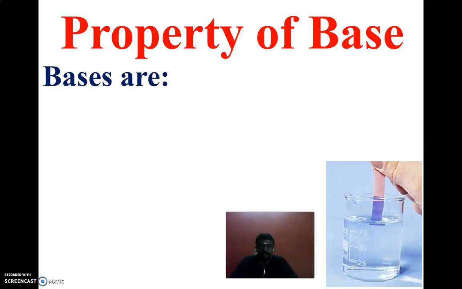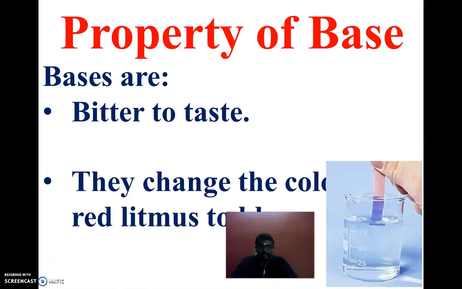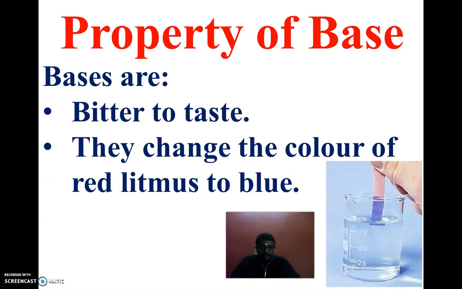The bases are bitter to taste, and they change the color of red litmus to blue. If we dip the red litmus paper in a base, it will change to blue color. So from that we can identify the bases.